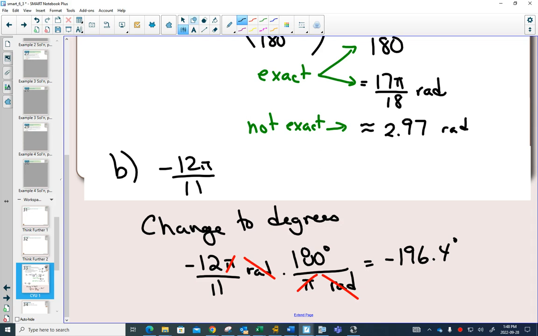That's probably easier for you to draw. Can you see that's just a bit more than 180? If I was drawing this in the negative direction, I would go a bit more than 180 degrees. You can probably visualize this as negative 196.4 degrees.